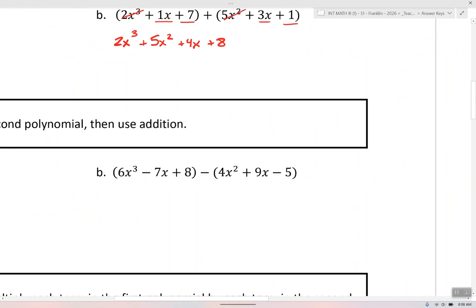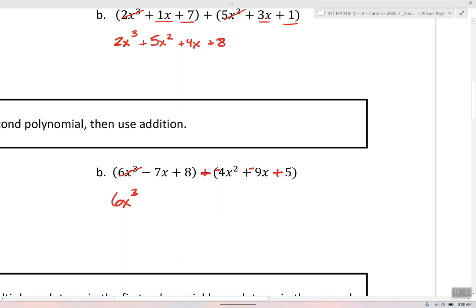All right, example 2b, same thing. We'll change this to addition and just distribute those negatives throughout the polynomial. Okay, so 6x cubed plus, there are no other x cubed terms, so we'll leave that 6x cubed alone. And then we still have that negative.